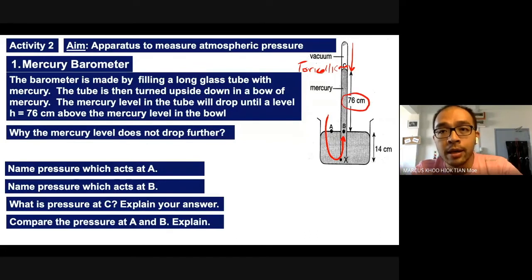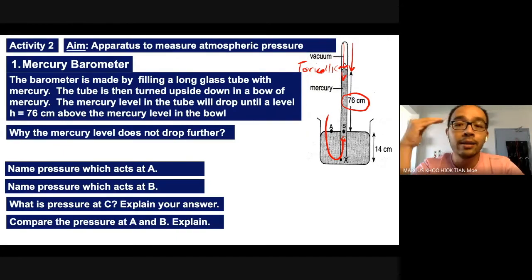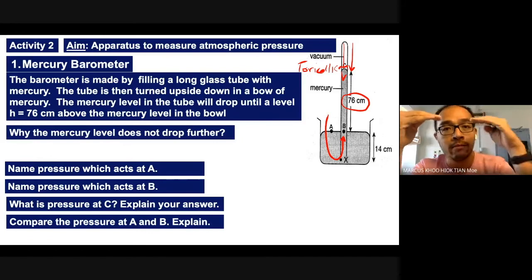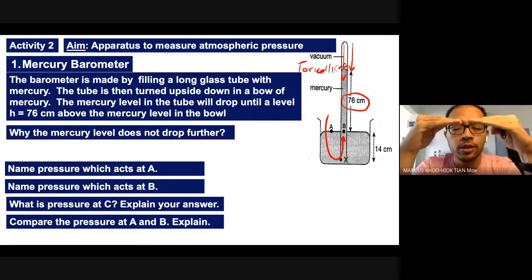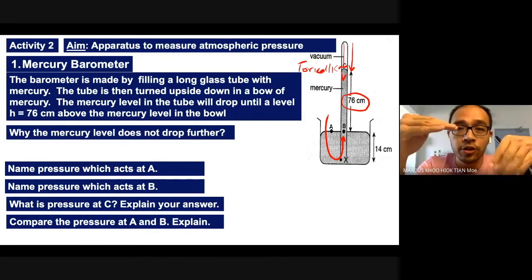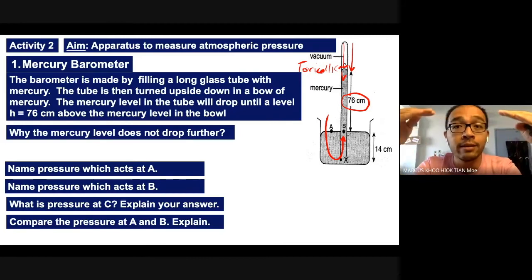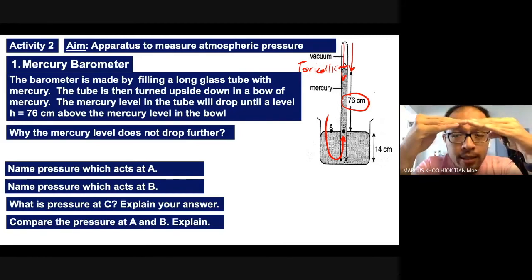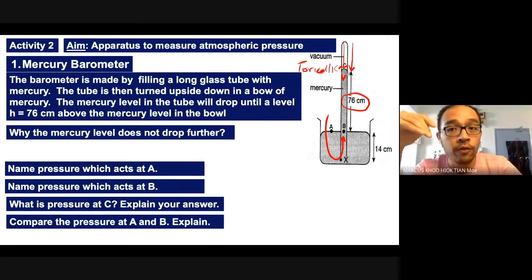The weight of the mercury pushes down, and the pressure due to the weight of the mercury and the atmospheric pressure become balanced. Once they're balanced, the mercury will stop falling.